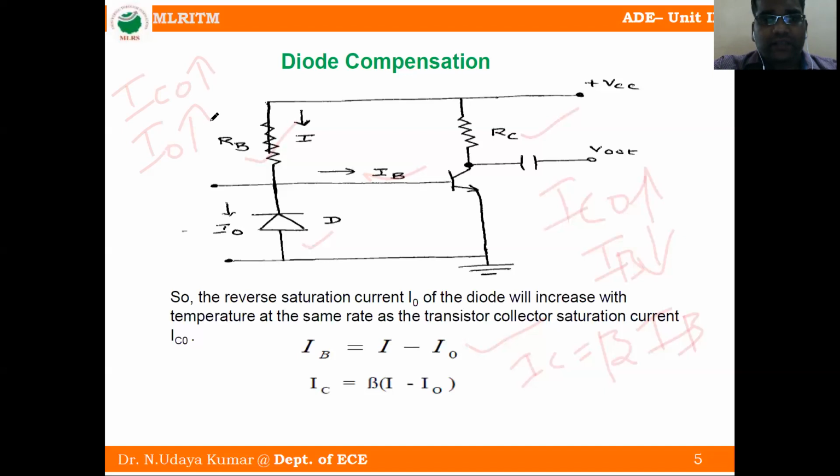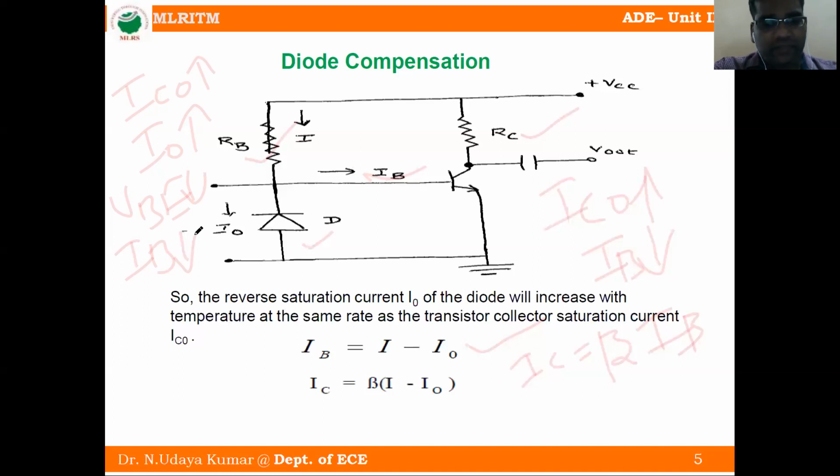Then the base-emitter voltage VBE decreases. If VBE decreases, IB decreases.